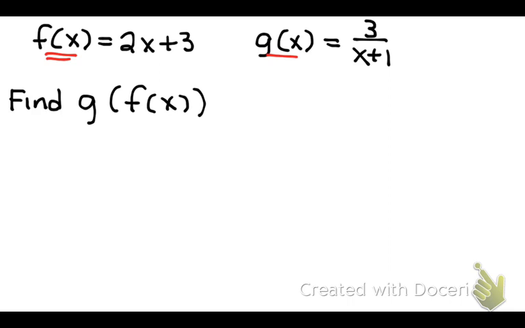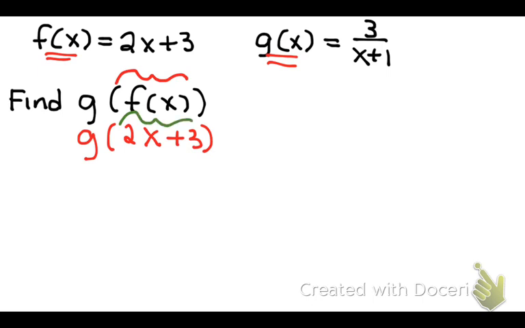All right, we're given our two functions, and we're going to find g of f of x, and we're going to start from the inside. So we have our g, and then instead of the f of x, we're going to put in 2x plus 3.